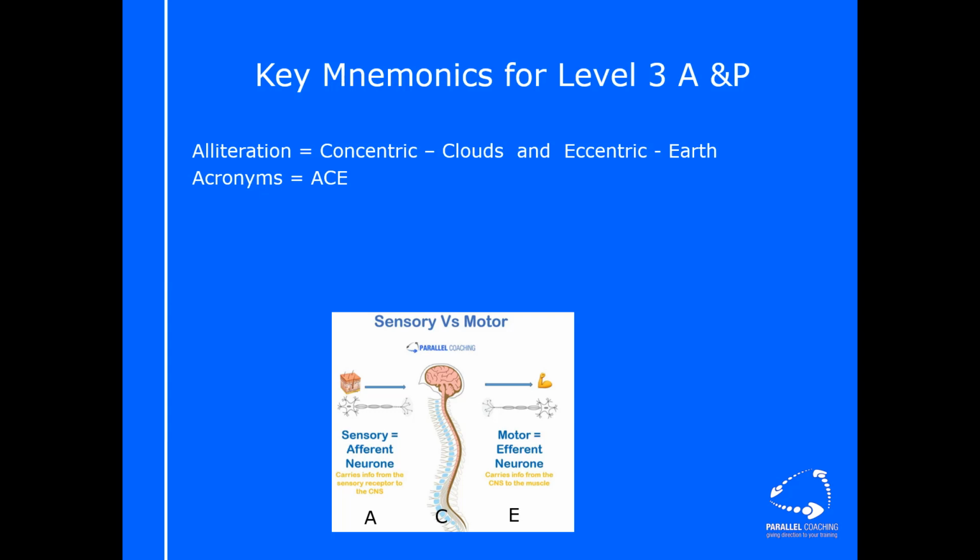So this basically allows the whole transition of information from our senses all the way through to taking an action. And the ACE acronym is awesome for being able to remember and actually getting the afferent and efferent the right way around, because if you're anything like me, I always get them confused unless I've got a really clear chunking way of remembering, and ACE as an acronym is spot on for that.